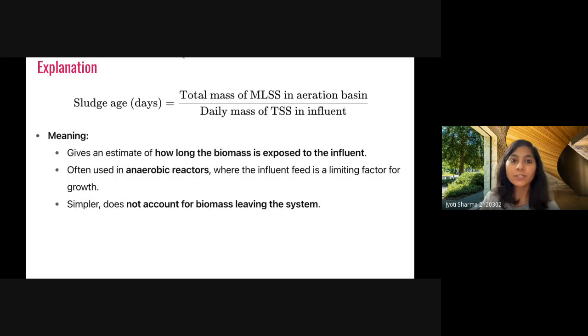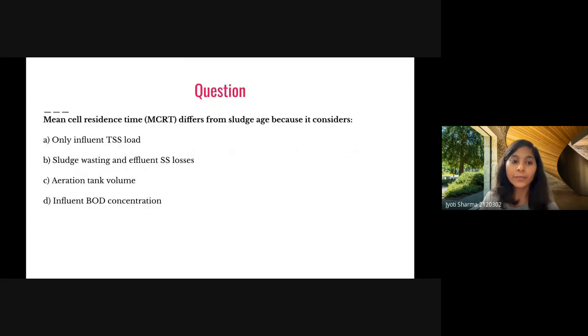So this is your sludge age, and we have learnt about this MCRT, that is how much time the microorganism will remain in the system. So how is it different from your sludge age? Any guess about this?